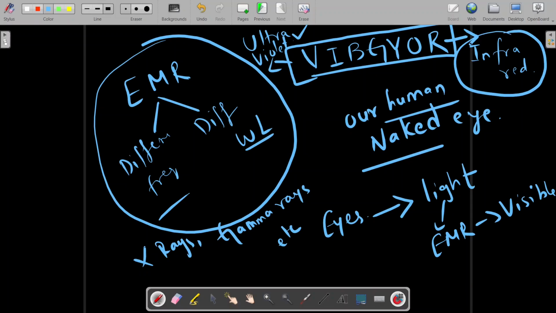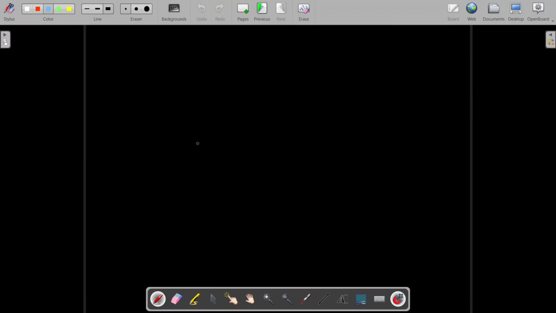Here, infrared rays, we can't see them. If you put a pan on a stove, it gets heated. We can't see that heat, but we can experience the heat. That is nothing but infrared. Even human bodies have heat. That is nothing but infrared radiation which your body is releasing.